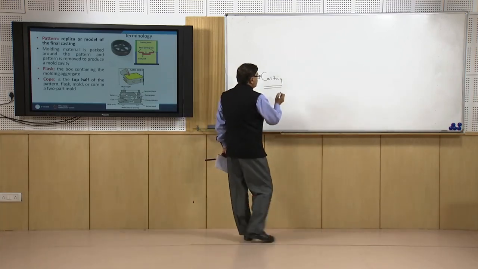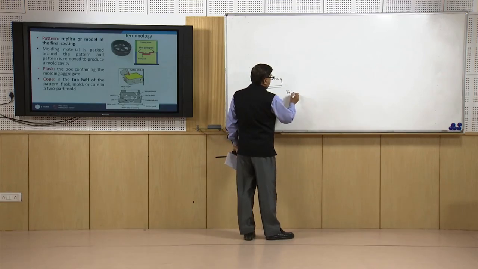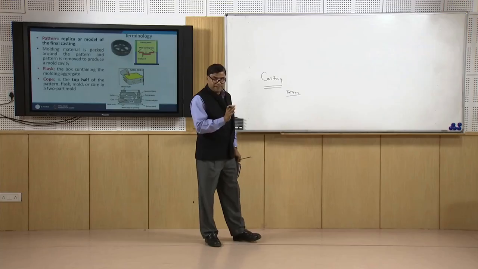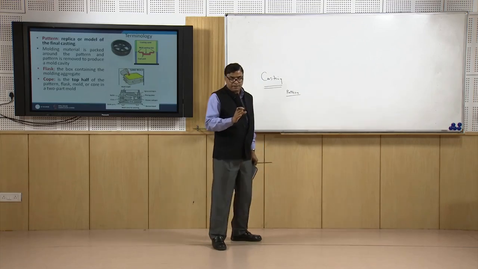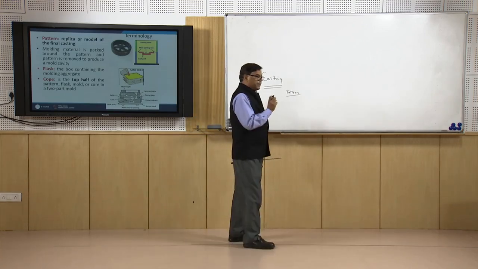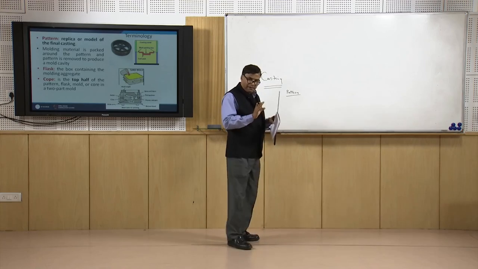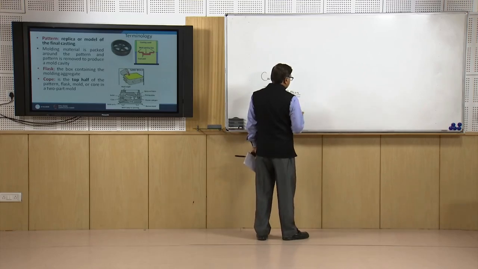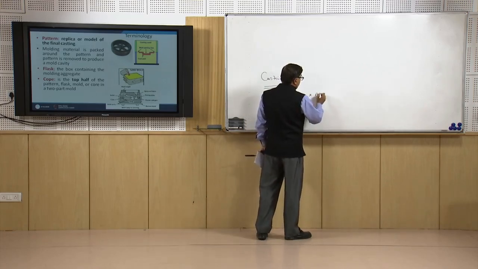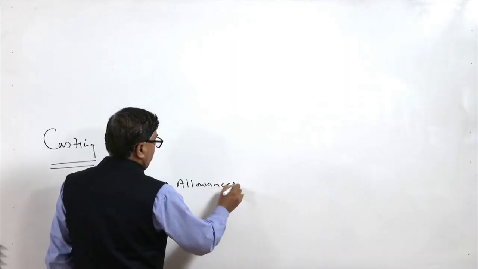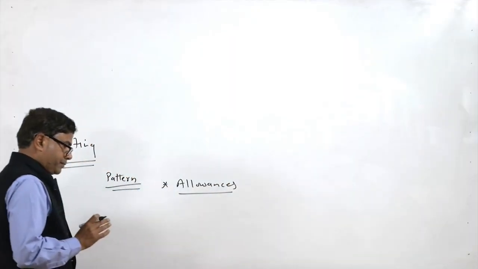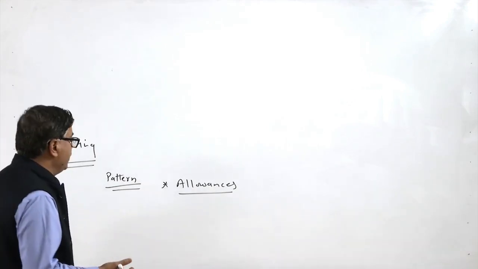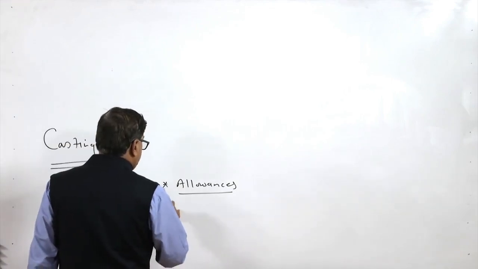The pattern actually differs in terms of the dimensions from the casting to be made due to two reasons. It's a model having the same geometrical features, but different in dimensions. The reason for the difference in dimensions is that we need to provide certain allowances, so that the required subsequent operations can be carried out on the casting which has been made.